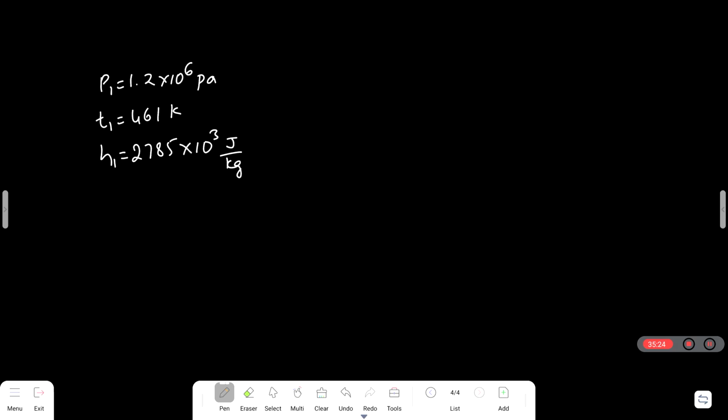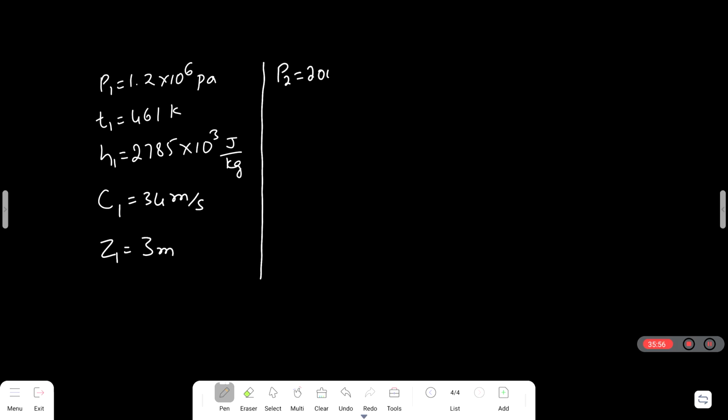Velocity C1 is 34 meter per second, and elevation Z1 is 3 meters. Right. Next, same at outlet condition, pressure is 200 into 10 to the power of 6 Pascal.